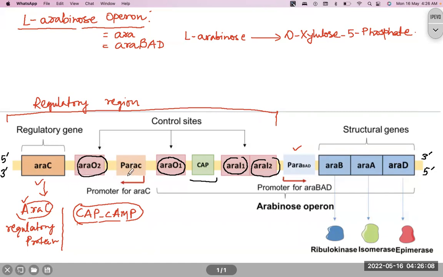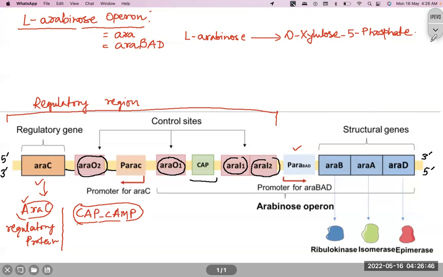So this strand P-araC, here RNA polymerase will read this strand which is running in this direction, and at P-araBAD it will read a different strand which is running in 3' to 5' direction.